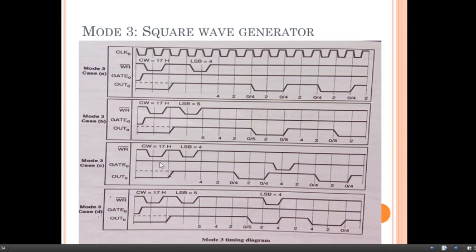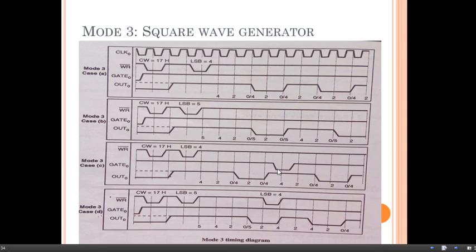Next is the case in which the gate is disabled in between. Once the gate is disabled in between, we can observe what happens with the counter. The counter has started counting 4, 2, 0, meaning the counter has decremented by 2 every time for the high value and low value, and here again the output of the counter is high, and we have observed here that the gate is disabled.